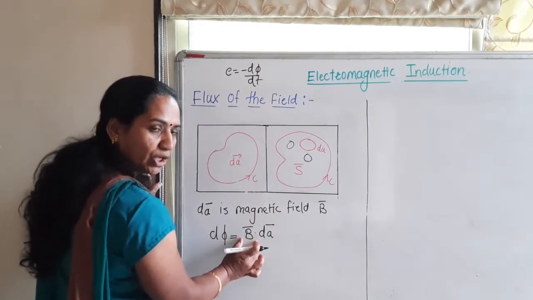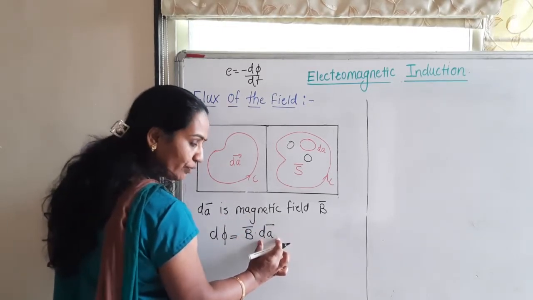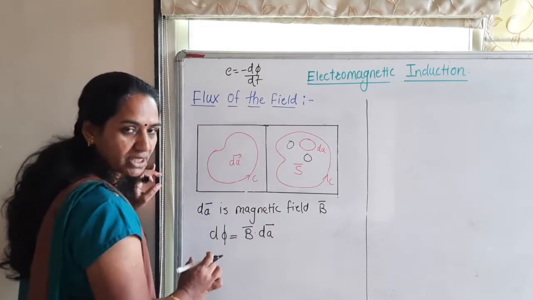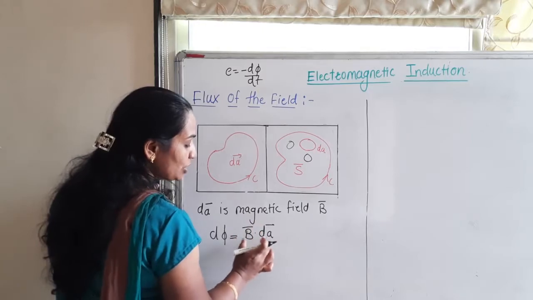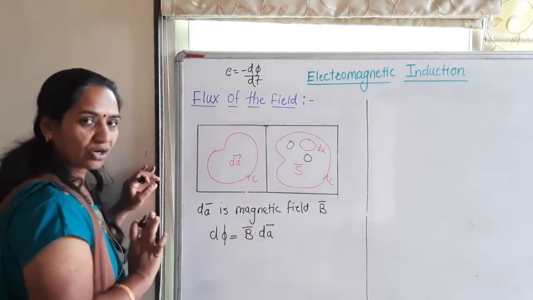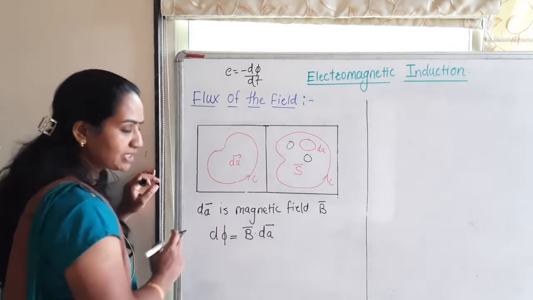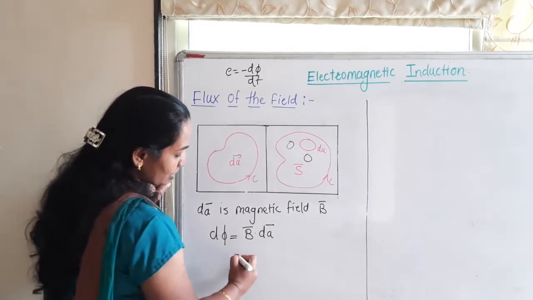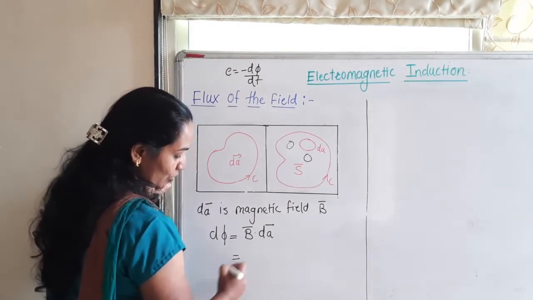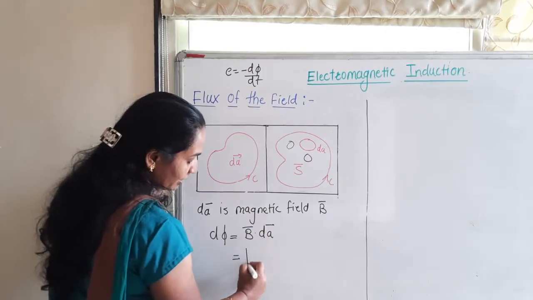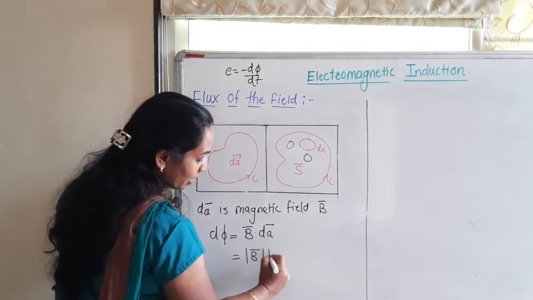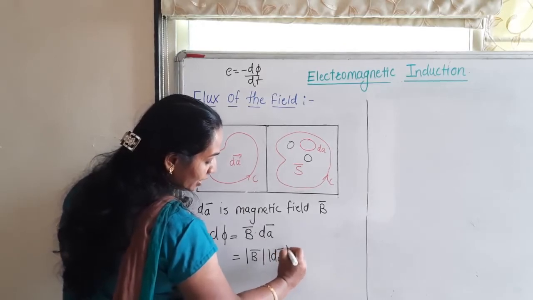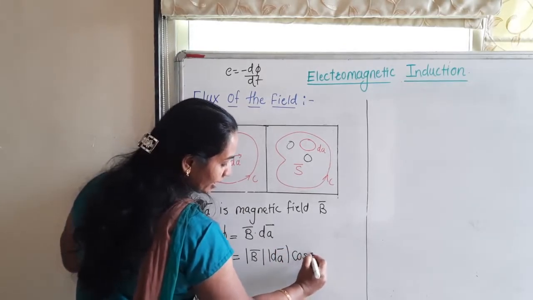B bar is a vector quantity, dA bar is also a vector quantity, and the dot product of these two quantities gives a scalar quantity. So d phi is a scalar quantity. In magnitude form, this equation can be written as B into dA into cos theta.